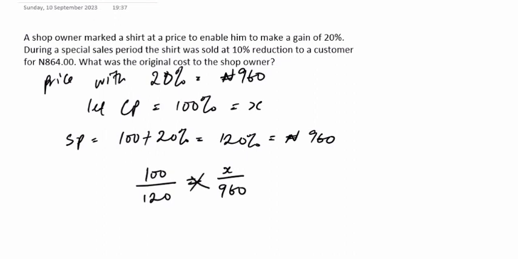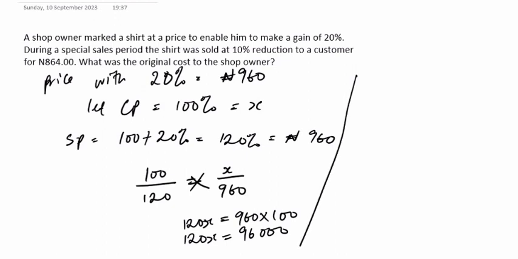Now let's cross multiply again. When we do that, we are going to get 120x equals 960 times 100, which is 96000.